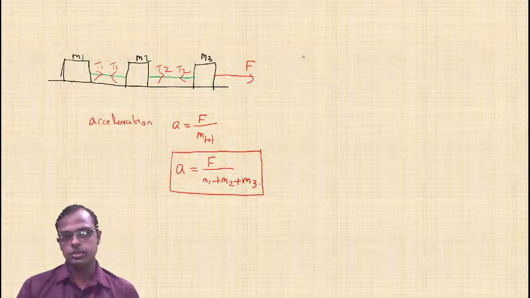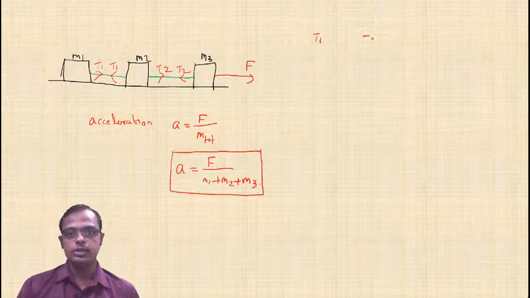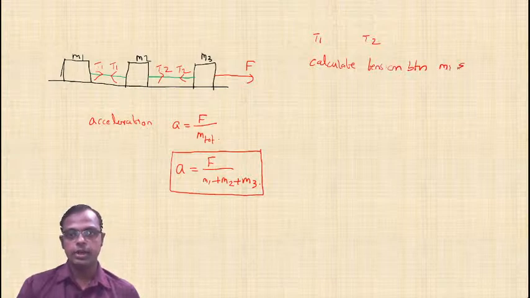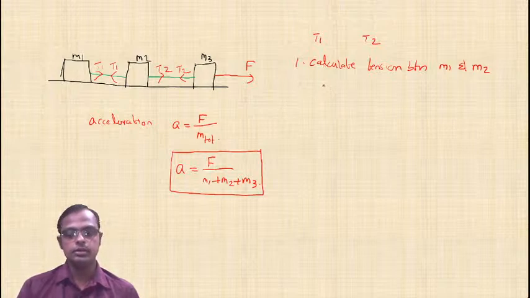Now the next question: what is T1 and what is T2? So the next possible question is to calculate the tension. First, calculate the tension between M1 and M2. That means you have to calculate T1.